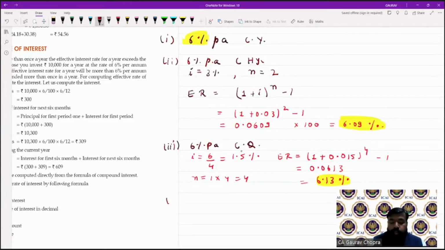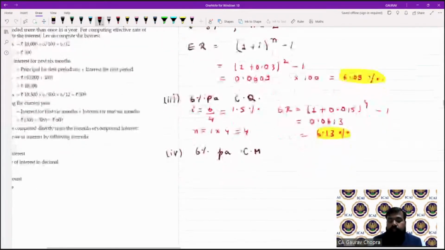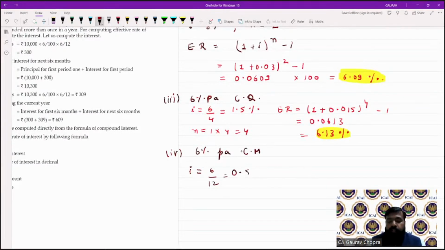Now the fourth portion is 6% per annum, and compounding is done on monthly basis. So I will be 6 upon 12, so 0.5%, n will be 12 months. So let's calculate.